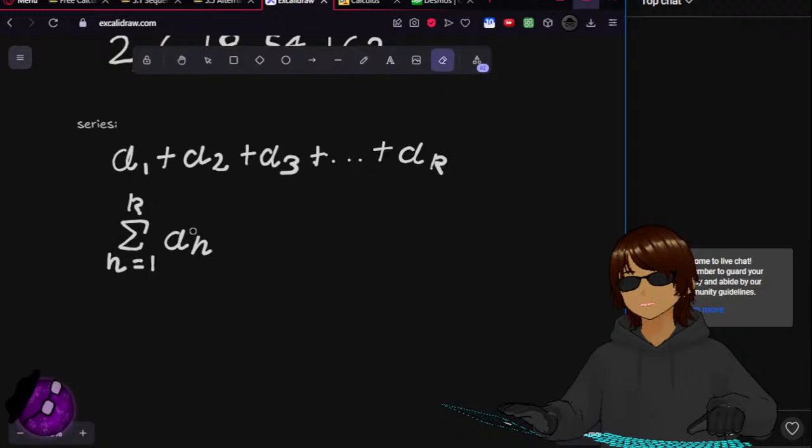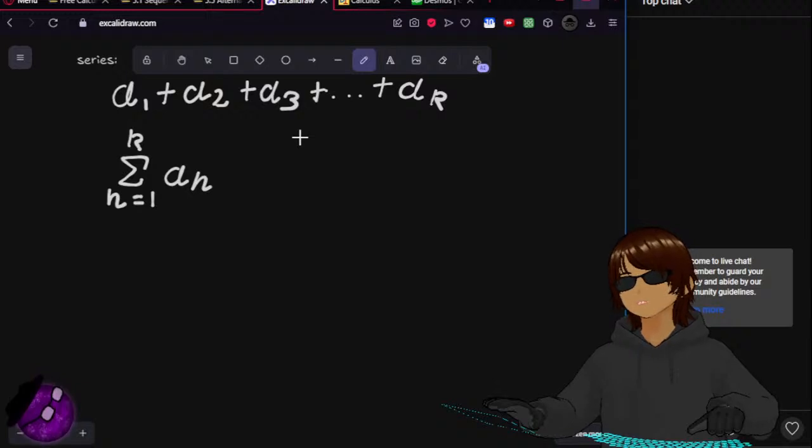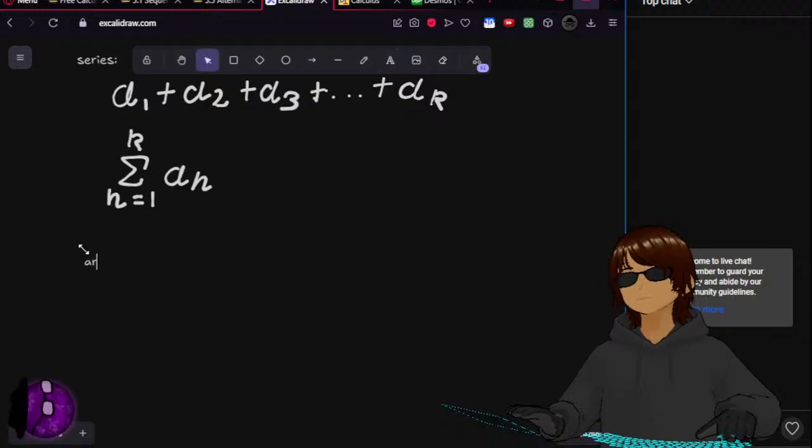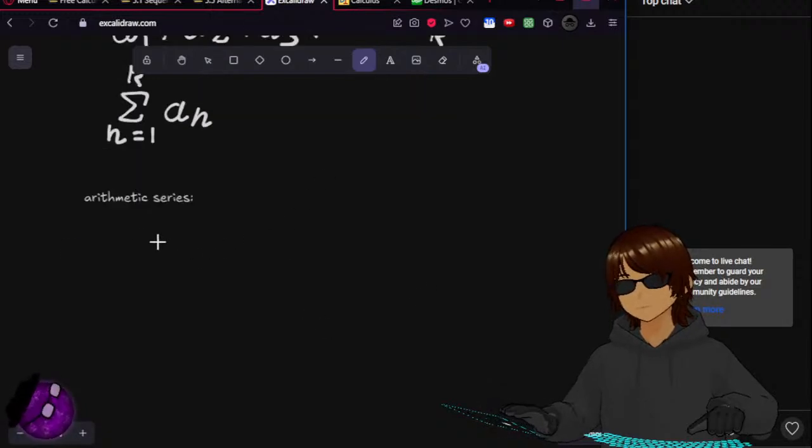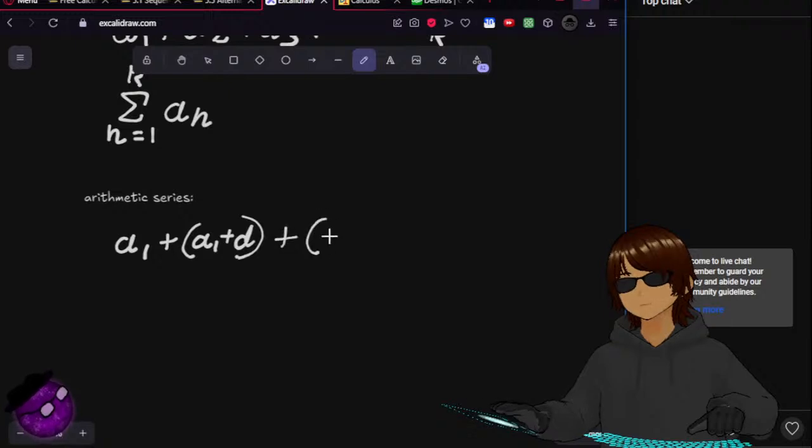Sometimes they use I. Never mind. So in arithmetic sequence, an arithmetic series would be like this. A1 plus A1 plus D, and then plus A1 plus 2D.